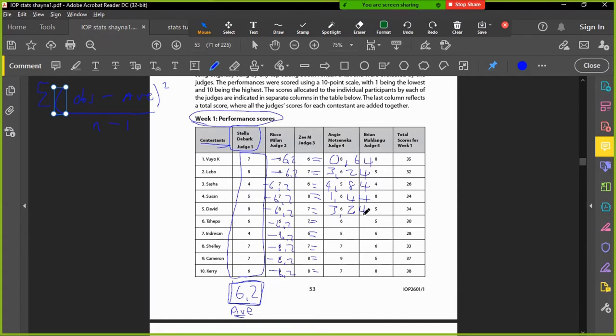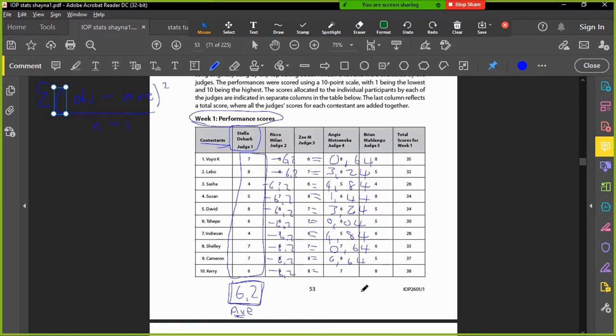8 minus 6.2 is 4.84. Then 6 minus 6.2. 0.04. Okay. Then another one, 0.64.